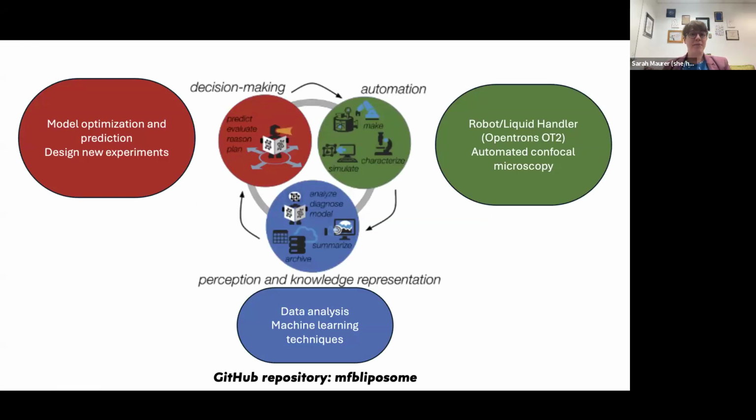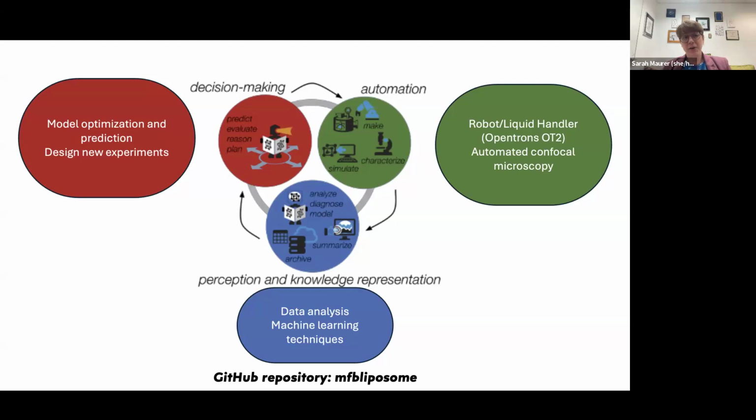So we have proposed that we can use lab automation and computer modeling to help us better understand these compositions. The automation that we're using is a liquid handling robot that is working in 96 well plates or 384 well plates to generate all of our different compositions. We are using a confocal microscope with a motorized stage to image all of our wells in our 384 well plate.